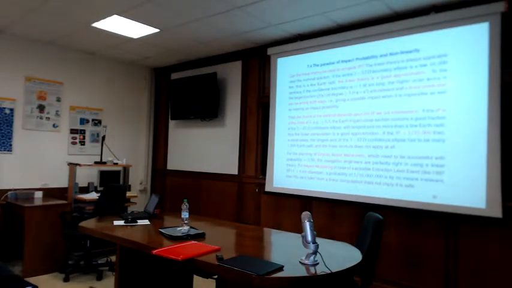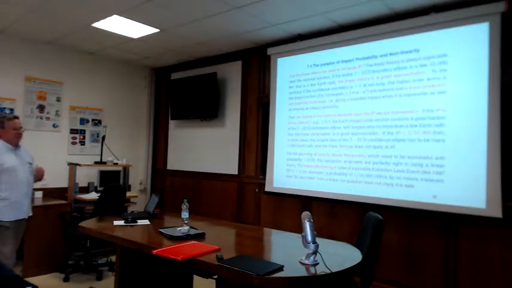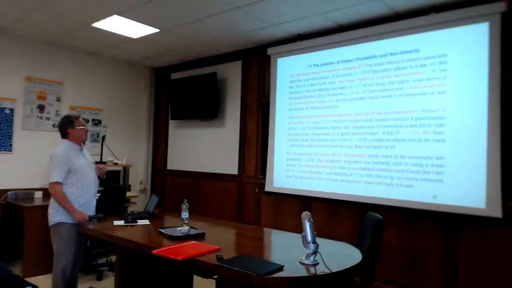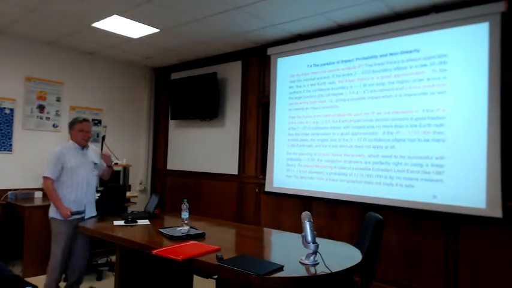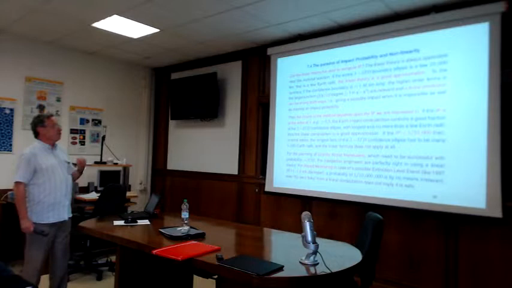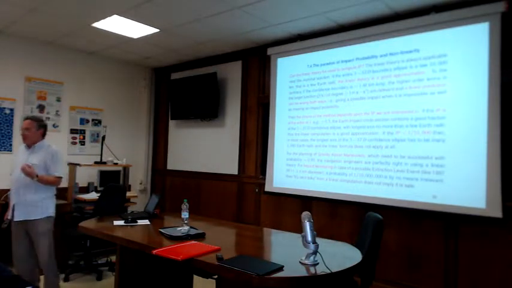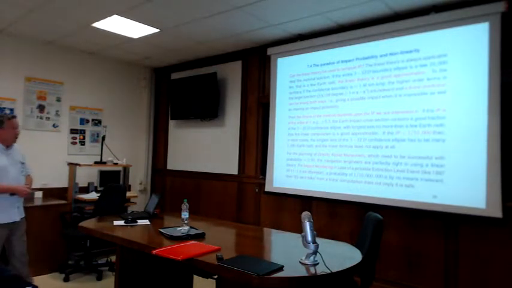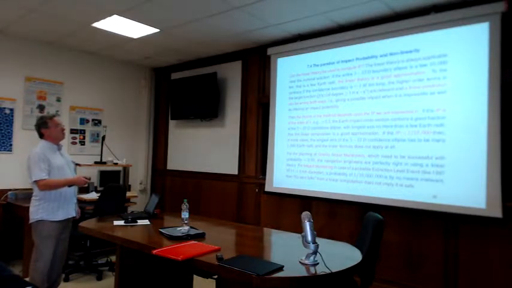Okay, so the question we have here is, is it possible to use the linear theory I've just presented to you to compute the impact probability or not? It's simple. The linear theory is always applicable near the nominal solution.